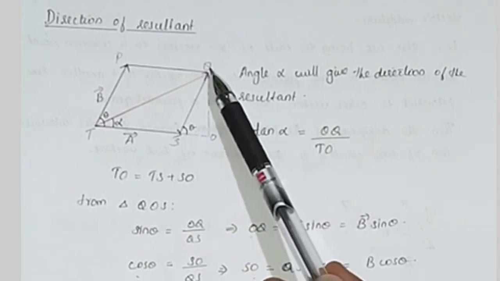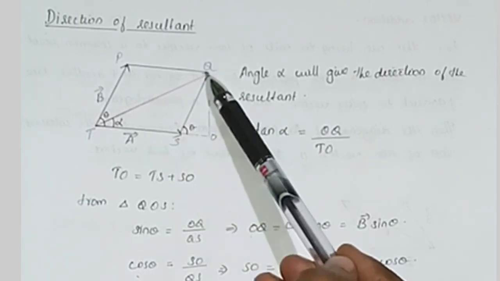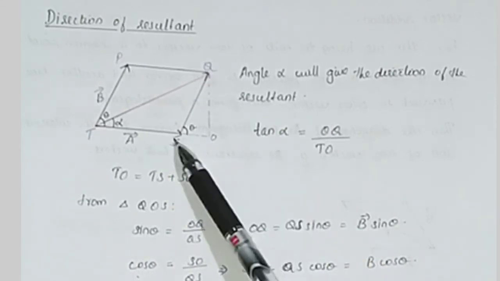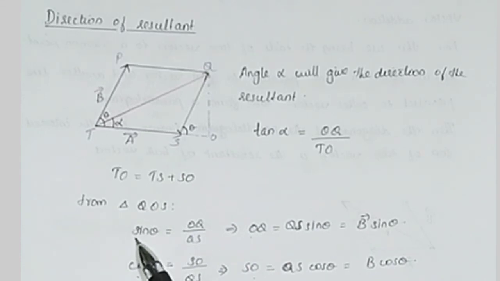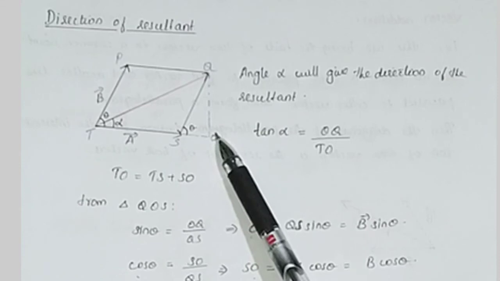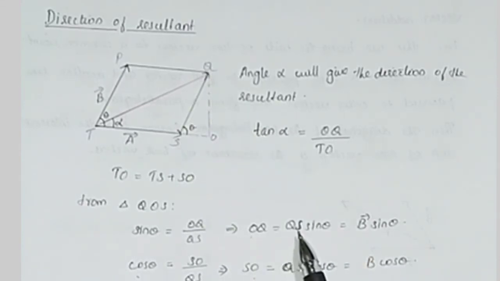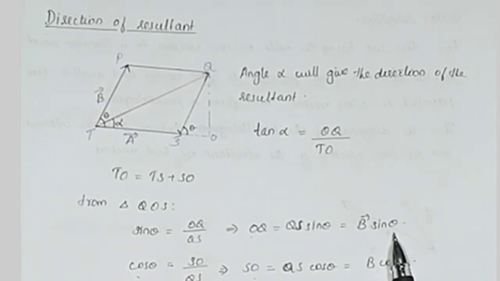So we have to convert OQ and SO in terms of the vectors. For that we consider the small right angle triangle, and from it we write sin theta is equal to OQ divided by SQ, from which OQ is equal to SQ sin theta, that is vector B sin theta. So OQ is vector B sin theta.